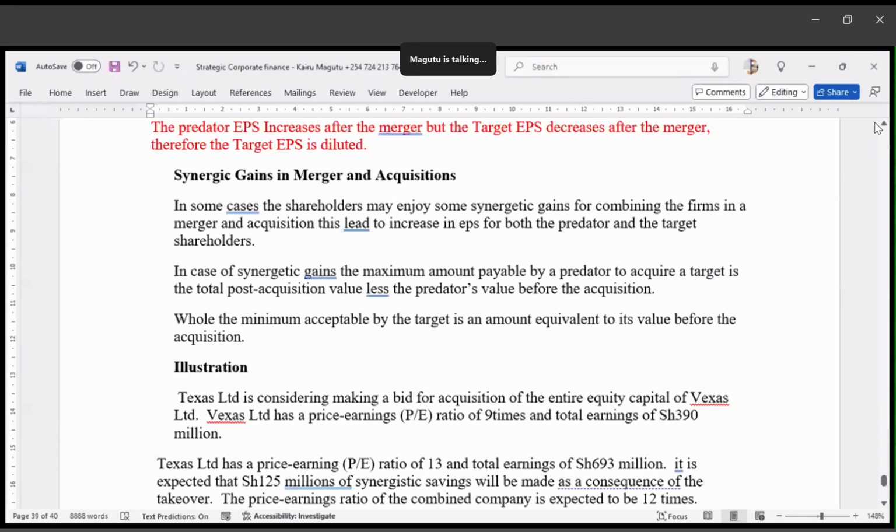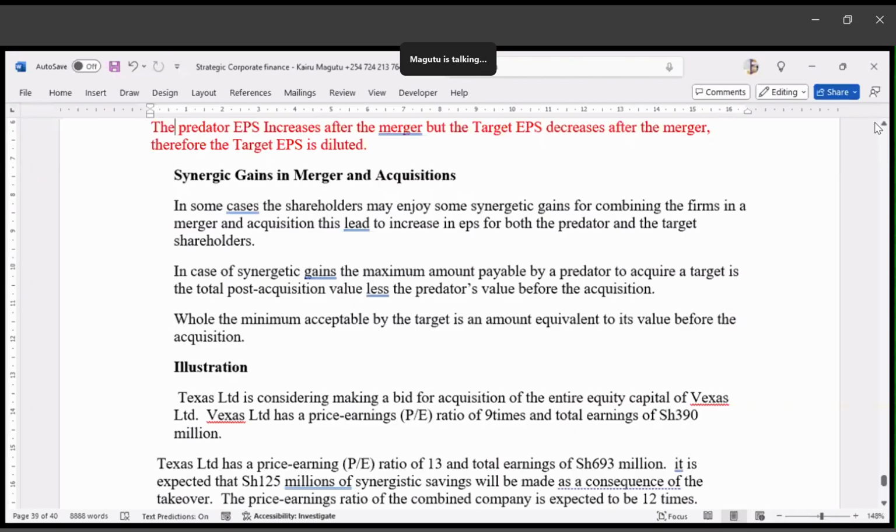I want us to finish with an explanation of the synergetic gain, that is the value that comes with the combination. Remember, in our earlier question, the one we did from the exam, we looked at a scenario where we are determining the value of a farm to be acquired, and we looked at different ways.